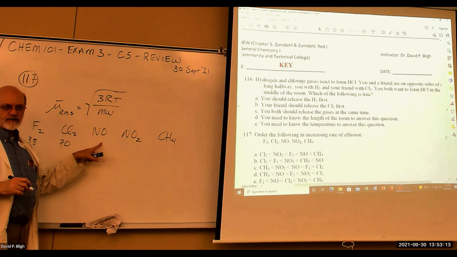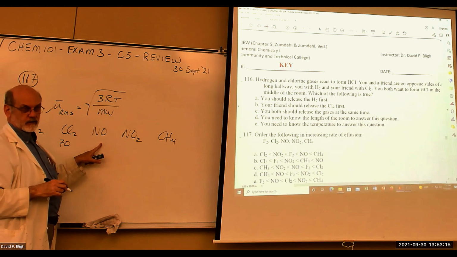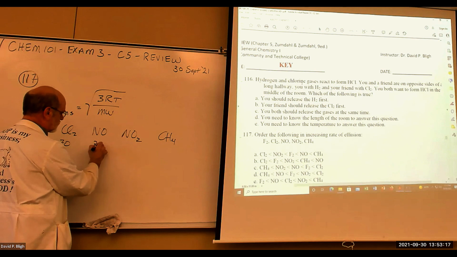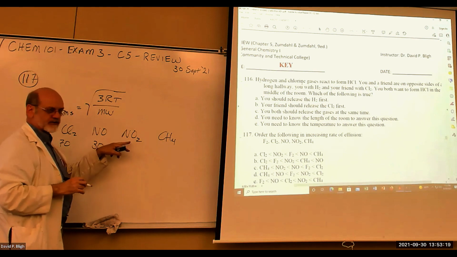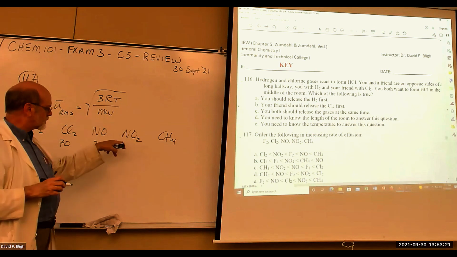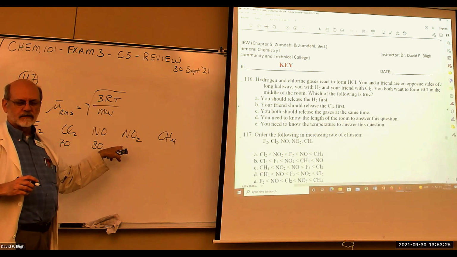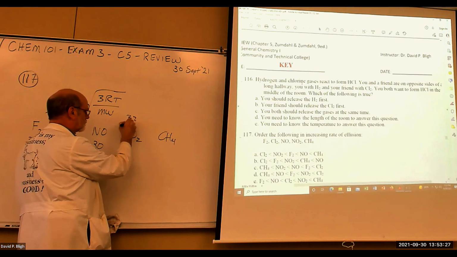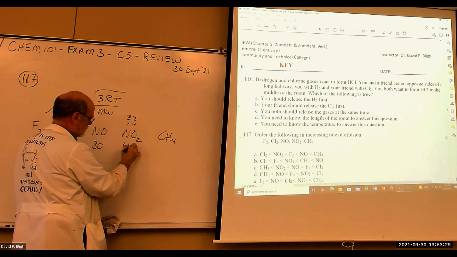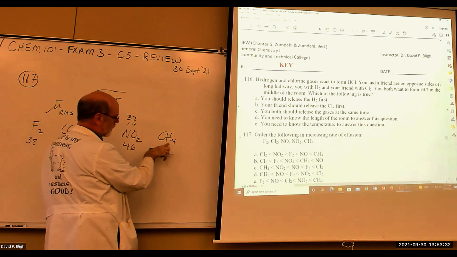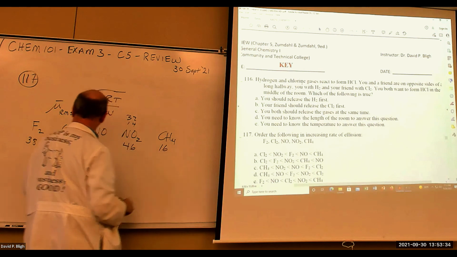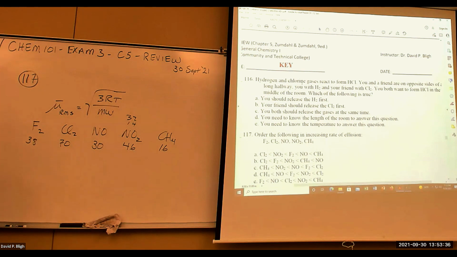Nitrogen's 14, oxygen 16, which is 30, roughly. Then two oxygens would be 32 plus 14 would be 46. And this would be 12 plus 4 is 16. Okay.